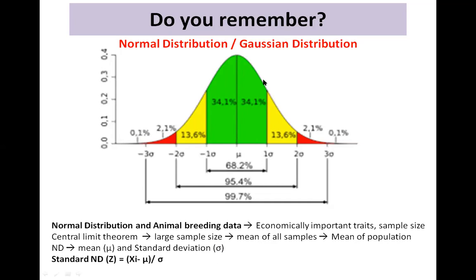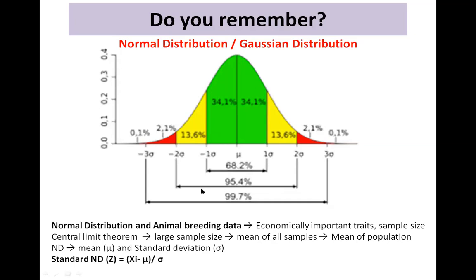This part encompasses 34.1% on either side, meaning totally 68.2% of observations are falling in this region. Again, if we consider the 2 sigma distance, here we find another 34.1% added to what was covered in the first sigma or 1 standard deviation.